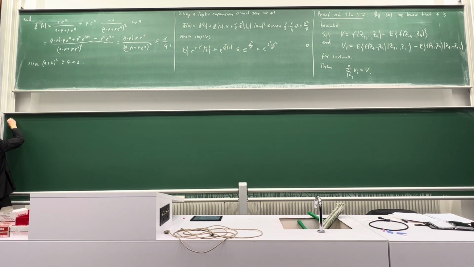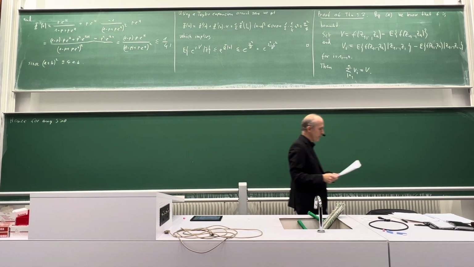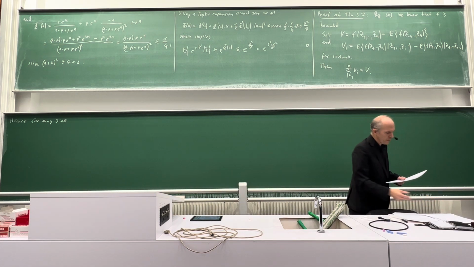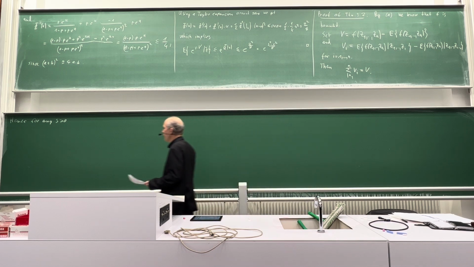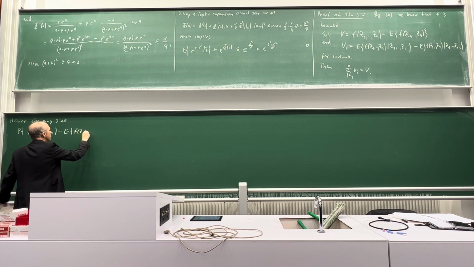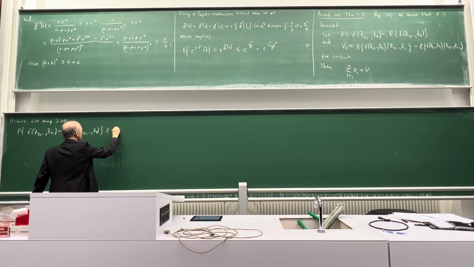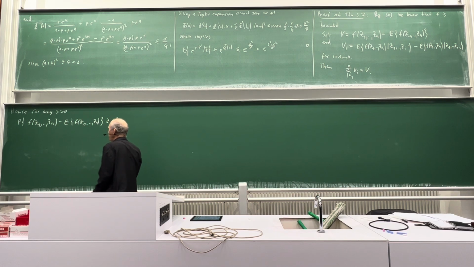For any s greater than 0, we look at the probability which we want to bound: f of Z_1 to Z_n minus its expectation is greater than epsilon.